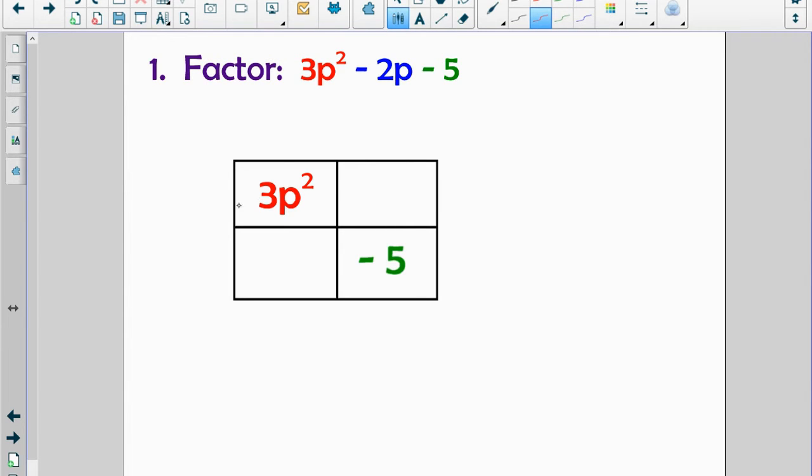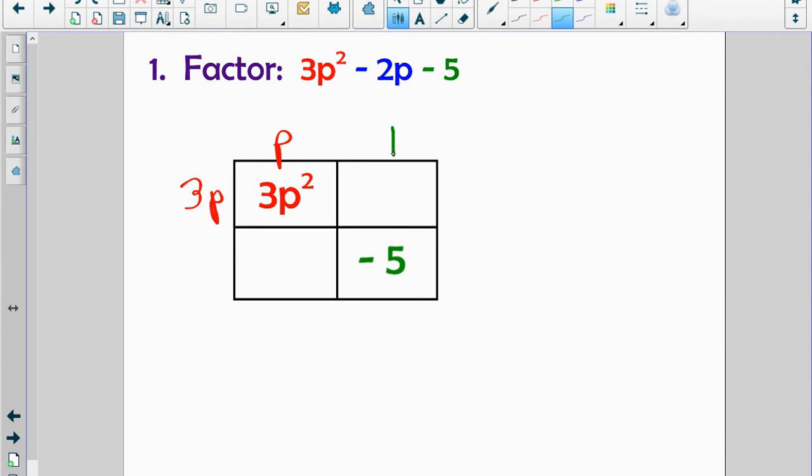For example, I know that I have to multiply two things together and get 3p squared. So it must be 3p times 1p to get 3p squared. That's really the only way that we can break that down. Now to get negative 5, the only way is 1 times negative 5 or negative 1 times positive 5.